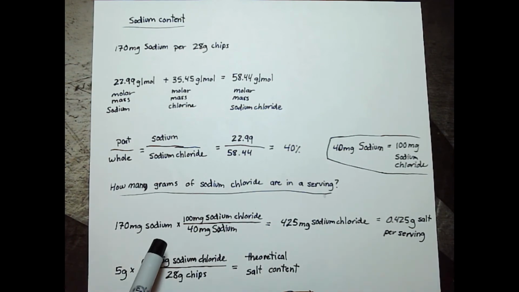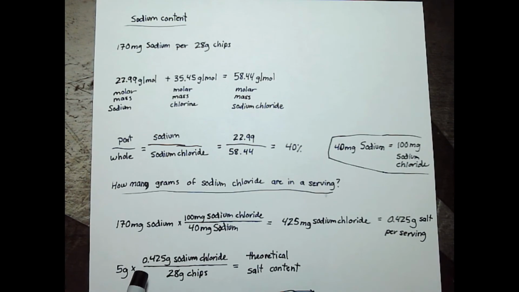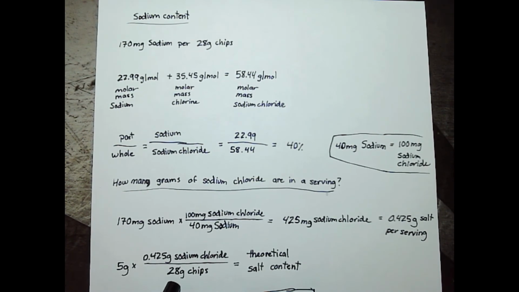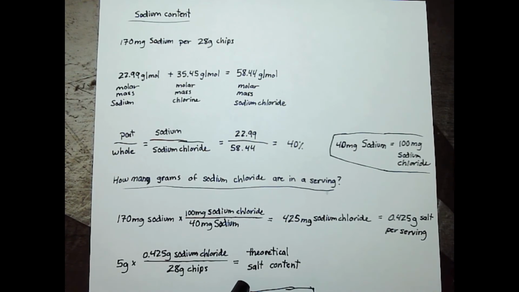We're concerned with the mass of sodium chloride we originally had. So we would multiply our mass sample times that conversion factor, which is 0.425 grams of salt per serving of chips, and that should equal our theoretical salt content.